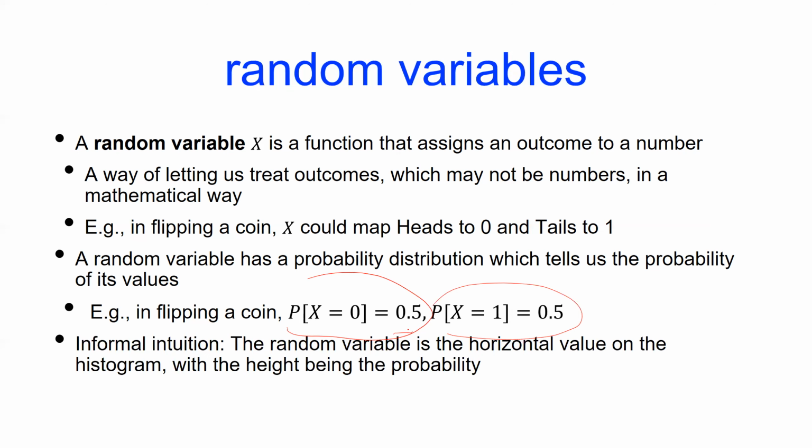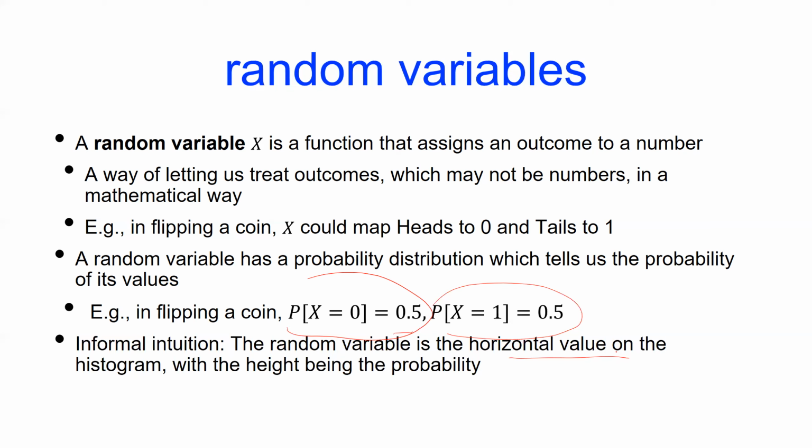For informal intuition, we can think of the random variable as the horizontal value on the histogram. Why? If you remember, the horizontal axis in our histogram is made of those bins.